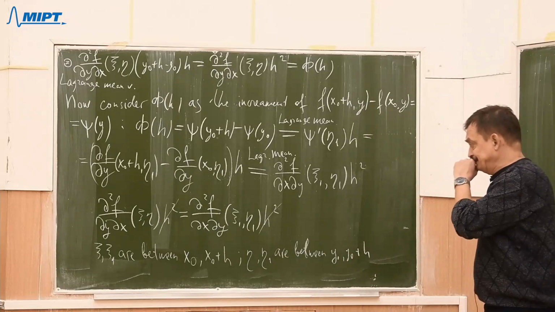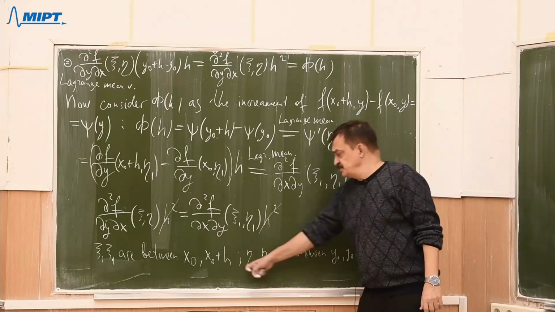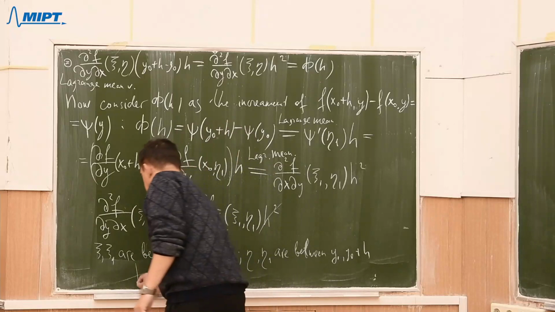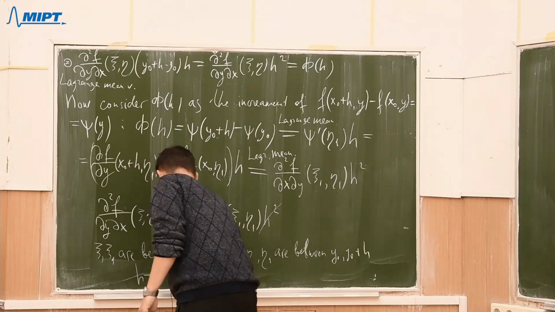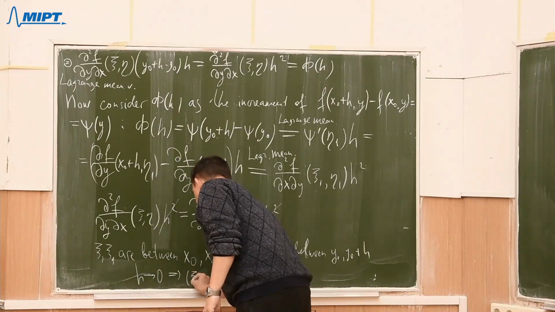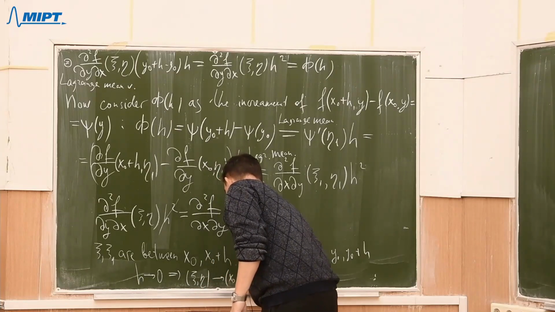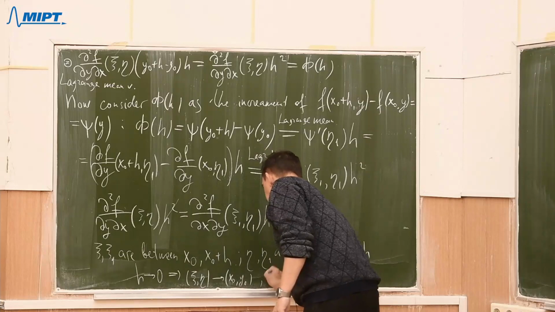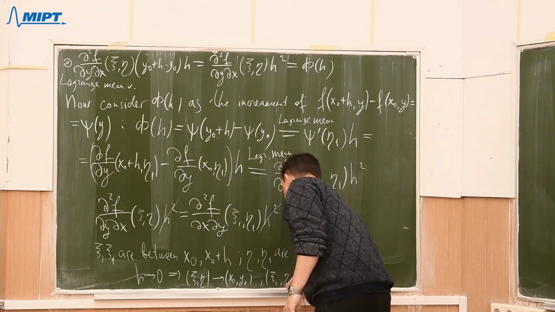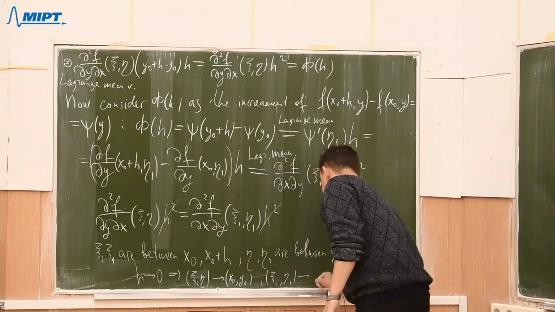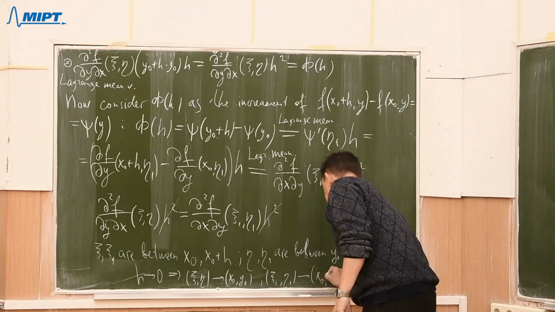Why? Because if h tends to 0, both points xi, eta tend to x naught, y naught, and xi 1, eta 1 tend to x naught, y naught.